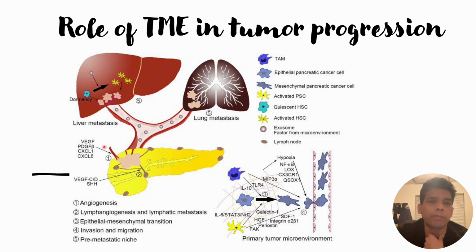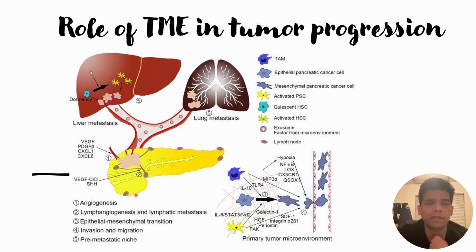The next thing that will be supported by this TME in order to promote tumor progression is lymphangiogenesis, and by this it will help in lymphatic metastasis. So what is lymphangiogenesis?